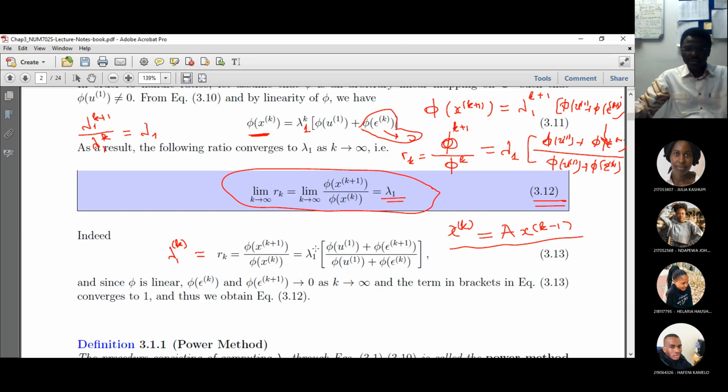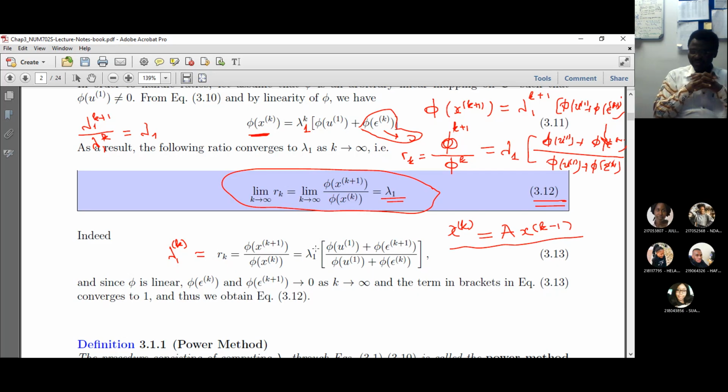That is from linear algebra, remember, when you want to find the eigenvalues and eigenvectors. For the eigenvalues, you compute the characteristic equation. You first obtain the characteristic equation, which is another long process, because remember, this is what you write.